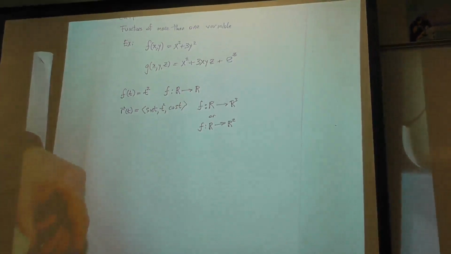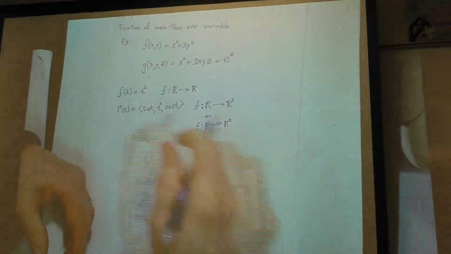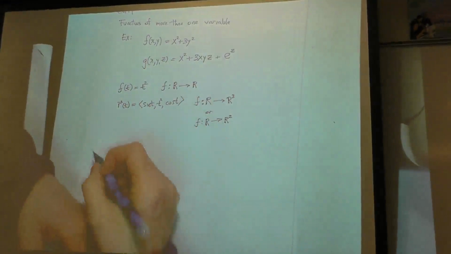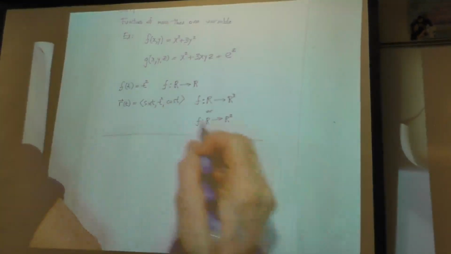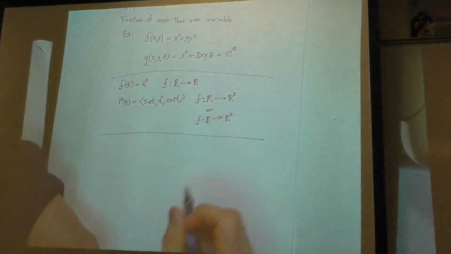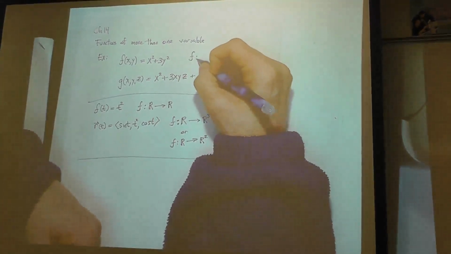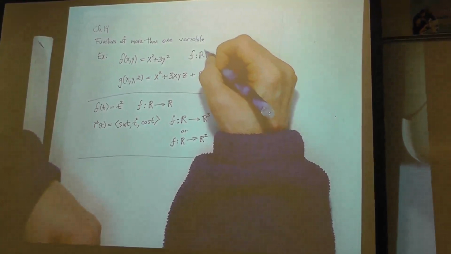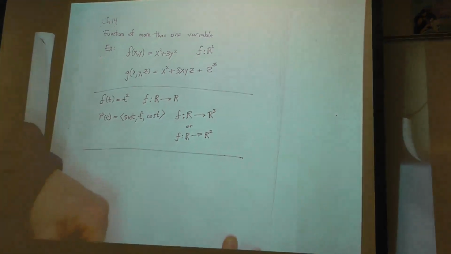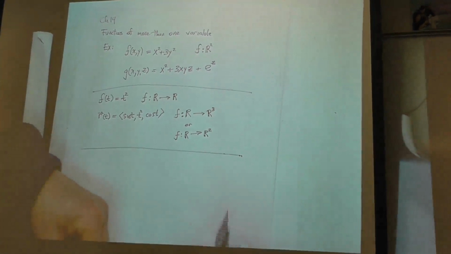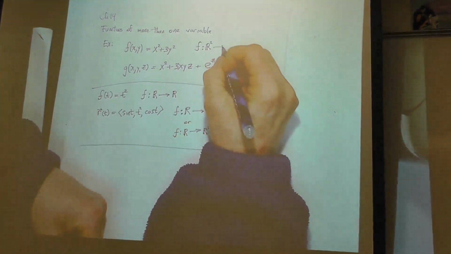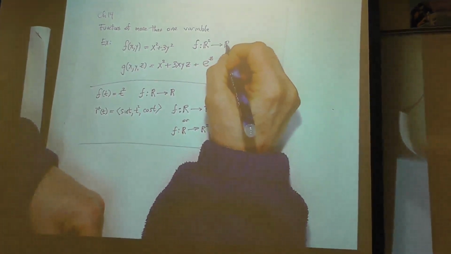Okay. What we're now looking at up above are functions which take an ordered pair, for instance, which I'll write R2, and map it to one-dimensional space.